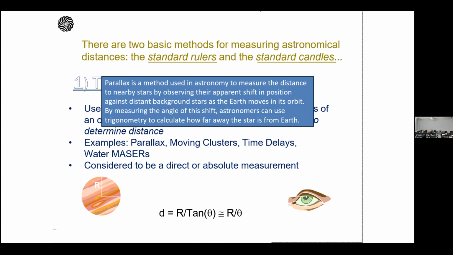As long as you know any three of those components, you can calculate the other three parts of that triangle. By doing a parallax measurement, you can figure out one side or two angles. And what that will give you is the distance to the object that you're measuring.